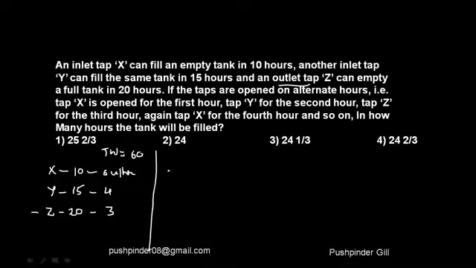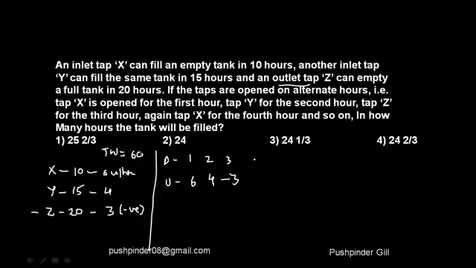Now let's see. These are number of hours and these are number of units. So this is -3, right? This is negative. On the first hour, it's the turn of X. He fills 6 units. On the second hour, it's the turn of Y. He fills 4 units. On the third hour, he empties 3 units.